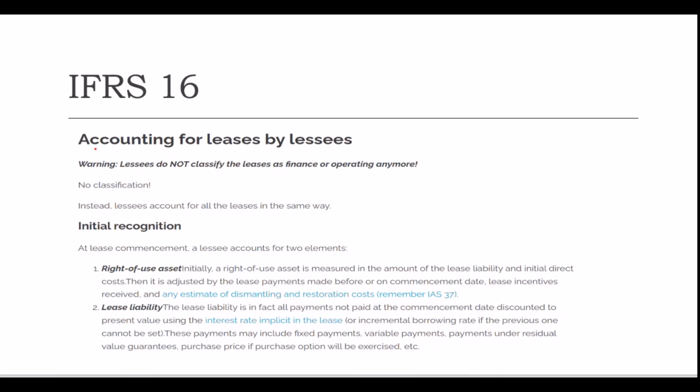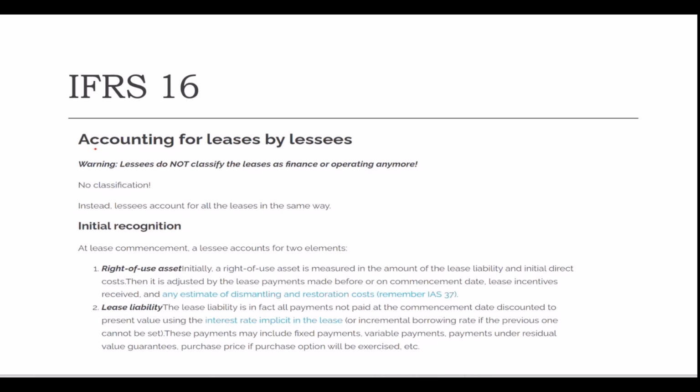Finance cost. Good. Whenever you have recognized a liability, there has to be finance cost, because it's like going for a loan from the bank. Every month or every year, you need to accrue for the interest on the loan, isn't it? So the liability is a loan.